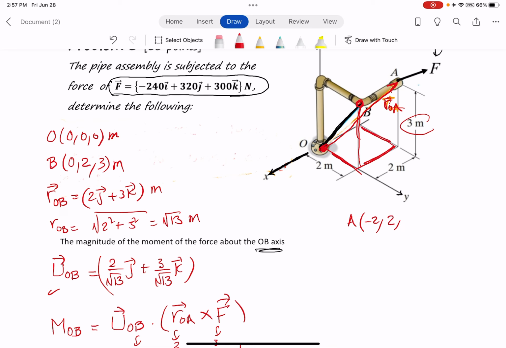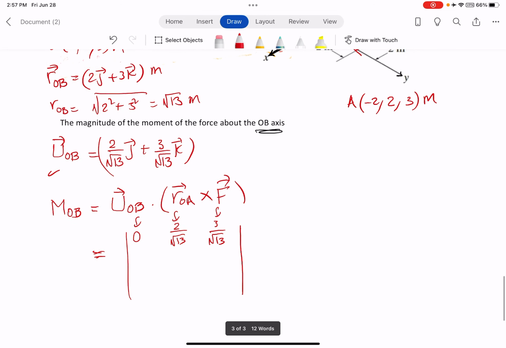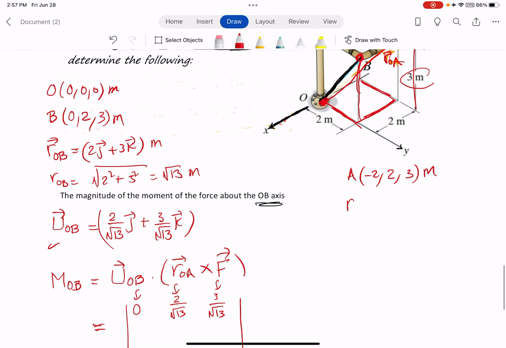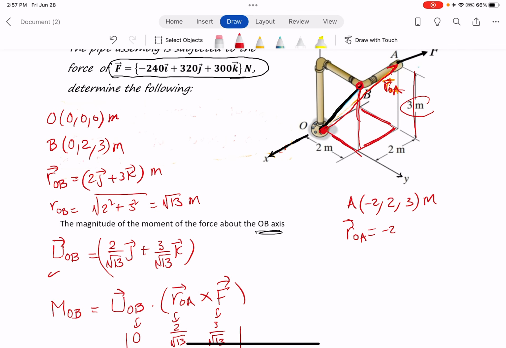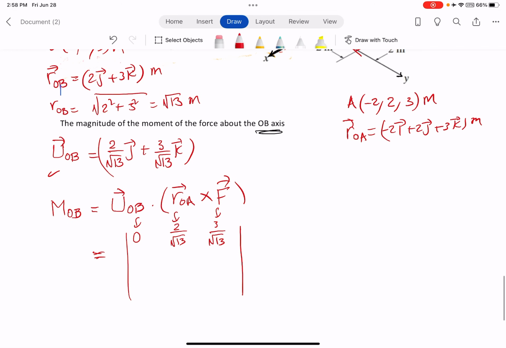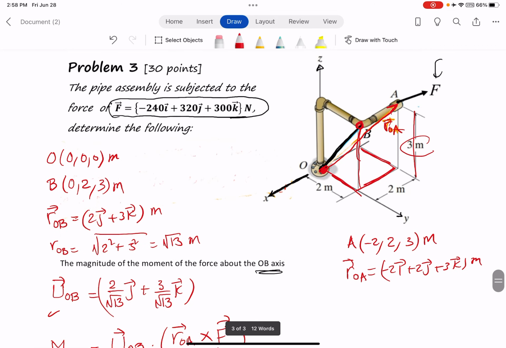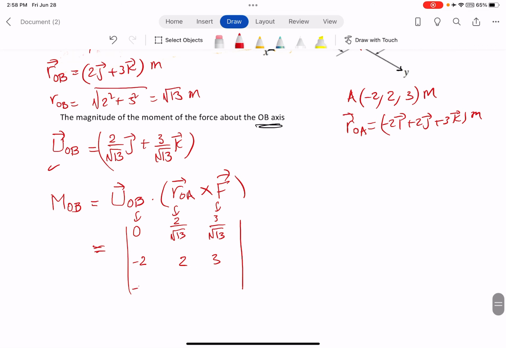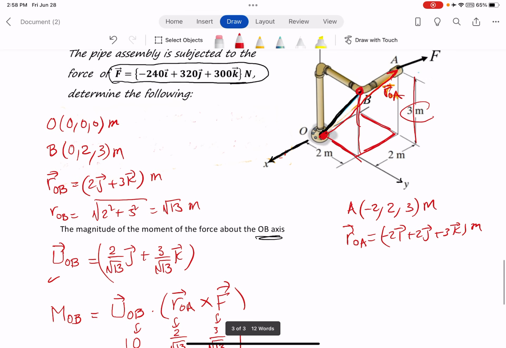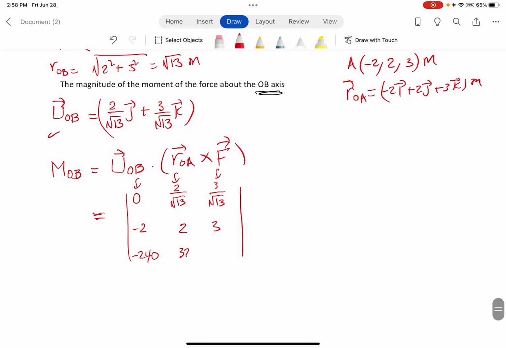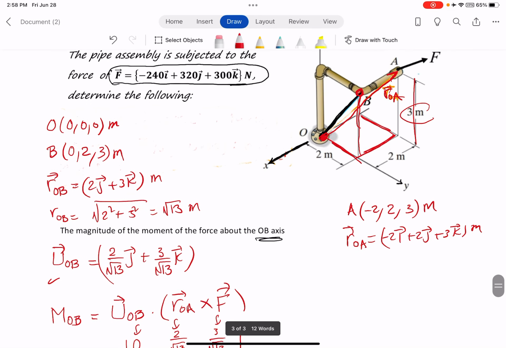And the height is 3. ROA, which means A minus O, is minus 2I plus 2J plus 3K, and that is in meter. And we're going to put that here, minus 2, 2, 3. And at the end, we're going to put the force, minus 240, 320, 300.